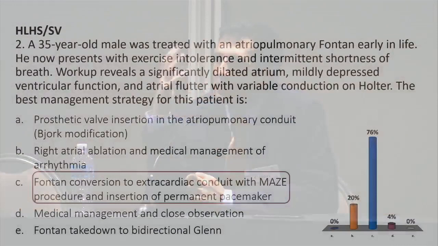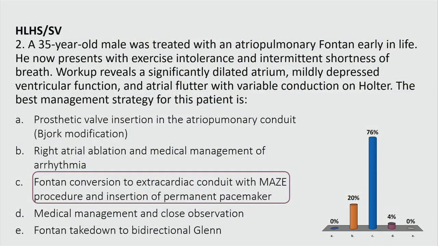That obviously didn't work in the long term, and the atrium just gets massively dilated, and that massive dilation makes it a very inefficient circuit, and it is actually what gives you all the arrhythmias. So the best management nowadays is to go in, take out part of that atrial wall, do a MACE ablation to eliminate the arrhythmia, and then do an extracardiac Fontan conversion.